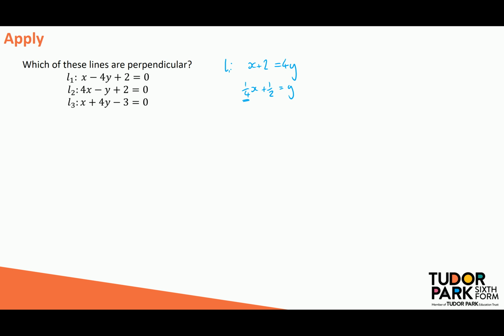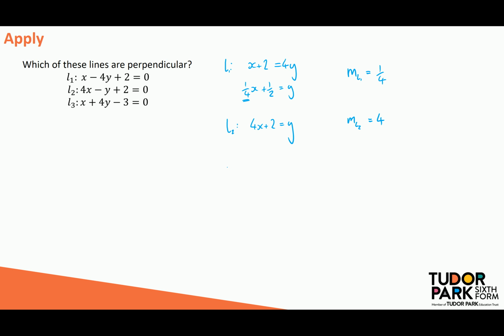So the gradient of L1 is equal to 1/4. Let's then look at L2. Rearranging this one, that's going to be 4x plus 2 is equal to y. That's nice and straightforward, so the gradient for L2 is equal to 4.